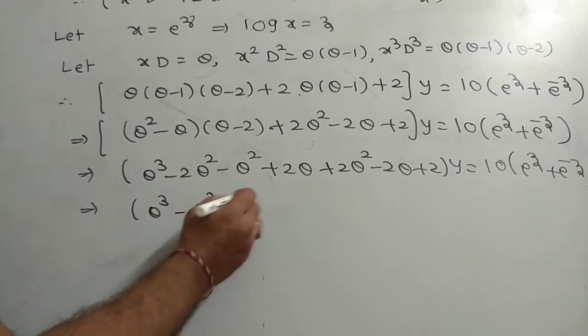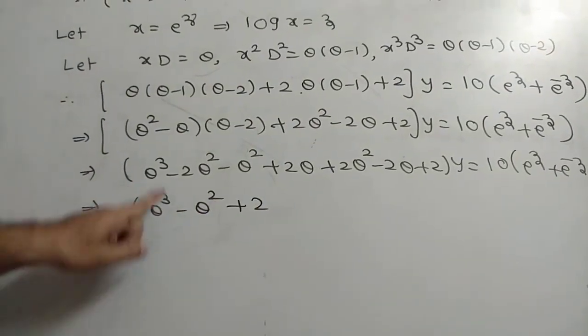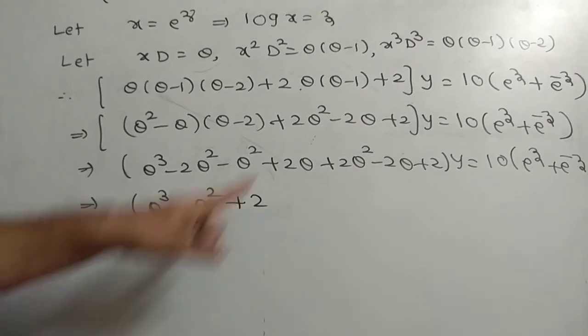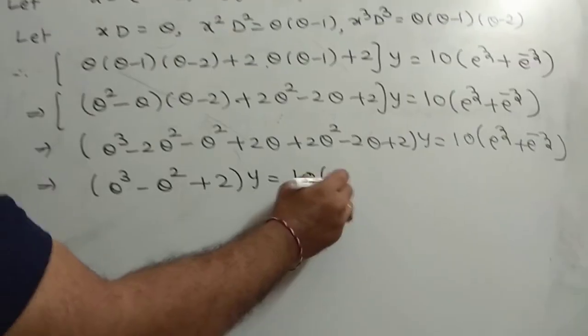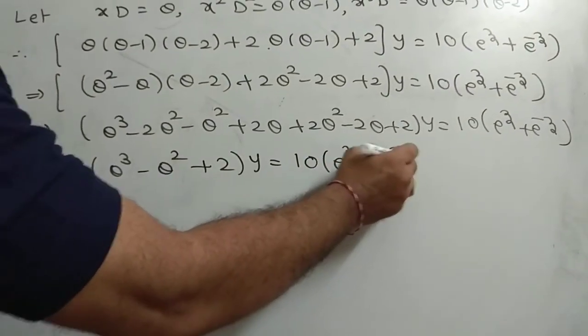We have only plus 2. So theta cube minus theta square plus 2 of y equals 10 e power z plus e power minus z.